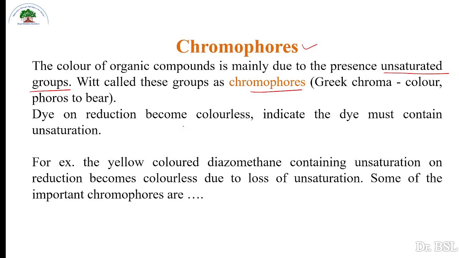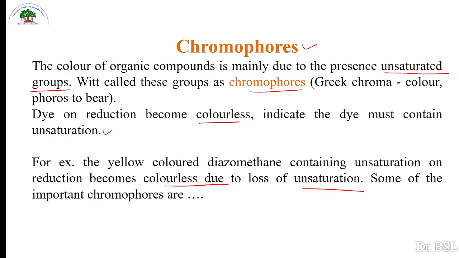A dye on reduction becomes colorless, indicating the dye must contain unsaturation. For example, yellow colored diazomethane containing unsaturation on reduction becomes colorless due to loss of unsaturation.